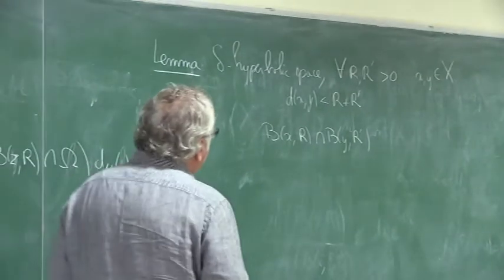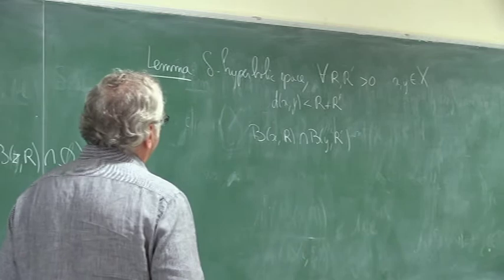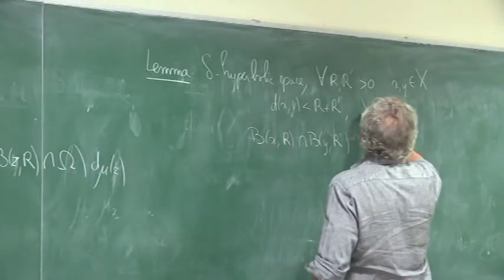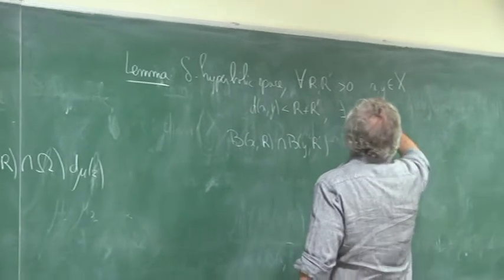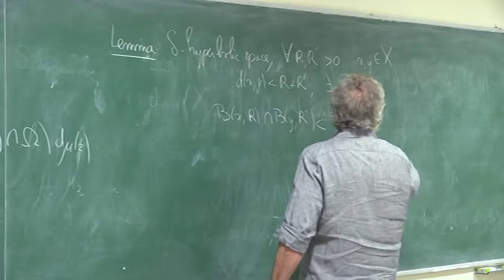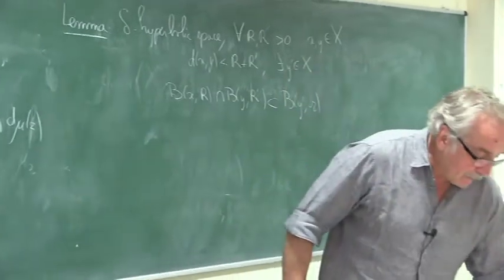We want this intersection to be not too big. So what does that mean? In fact, we'll show that there exists some y prime in X so that this intersection is included in a ball around y prime with a radius which I call small r, which we can estimate.